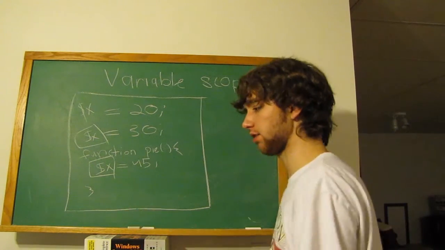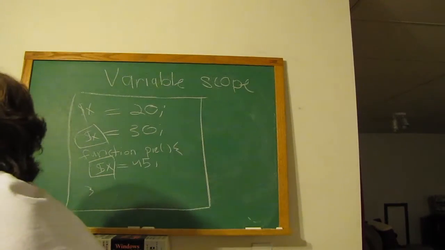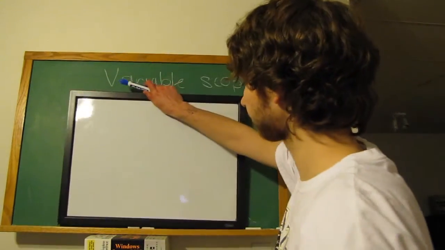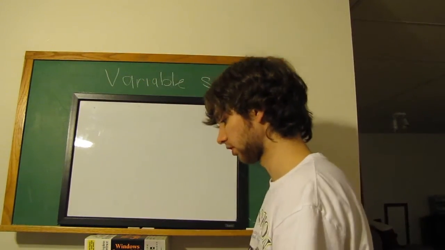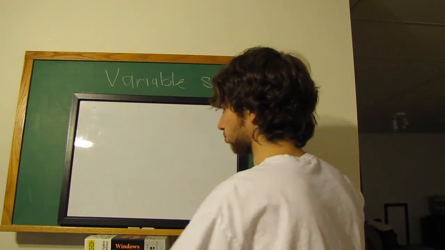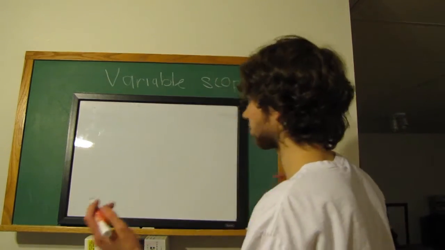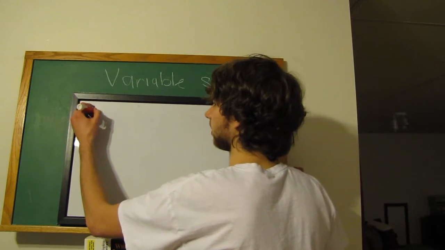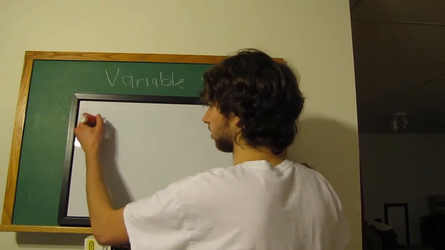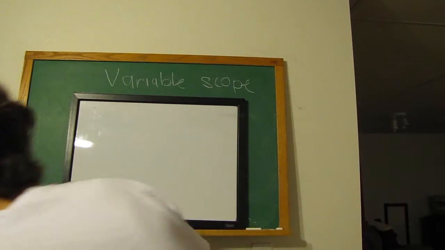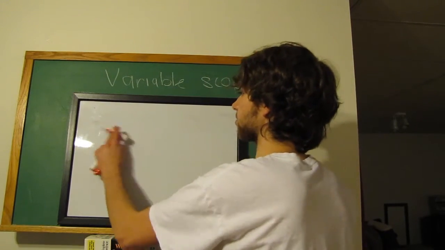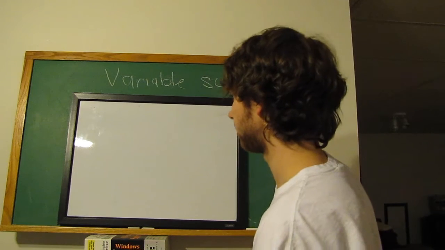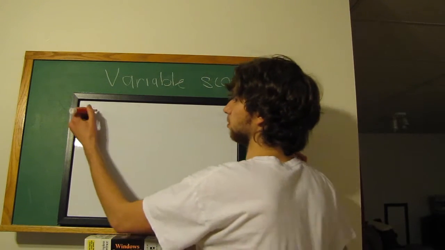The best way I can illustrate this is using a whiteboard and colored markers. So, I guess I'll use red to illustrate our page. So up here, we define a... Okay, of course it's not going to work. Try this one. Alright, this one should work. So up here, we define the variable.